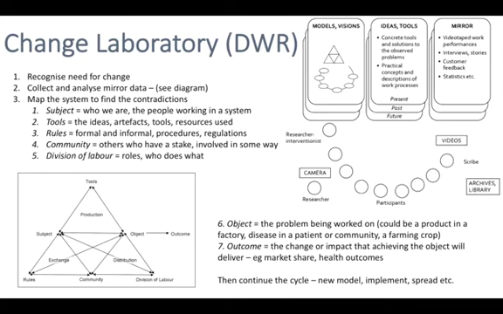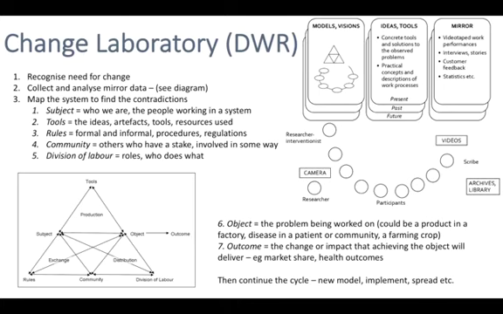The tools involved and the resources were things like guides to particular ways of running lectures or tutorials, as well as lists of students who expressed an interest in teaching or lists of teaching opportunities. What we were able to do was map a contradiction and see that some of these rules were in contradiction with the division of labour, or some of the tools were in contradiction with, say, the rules.